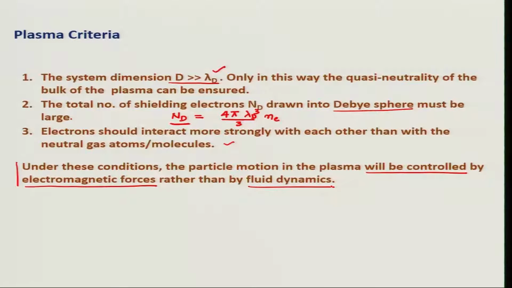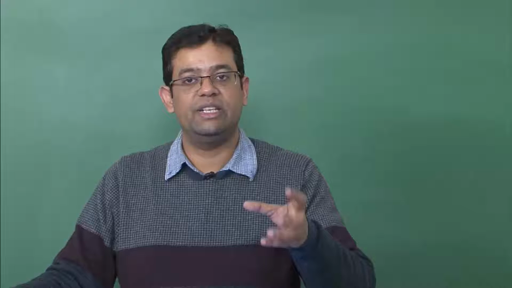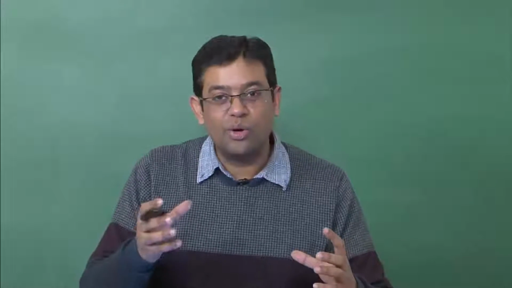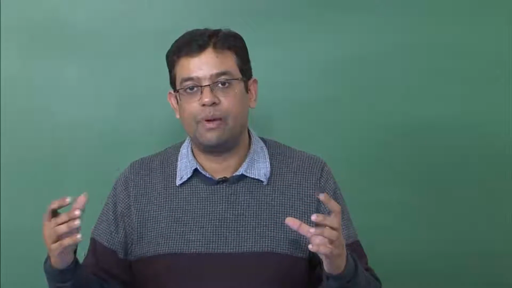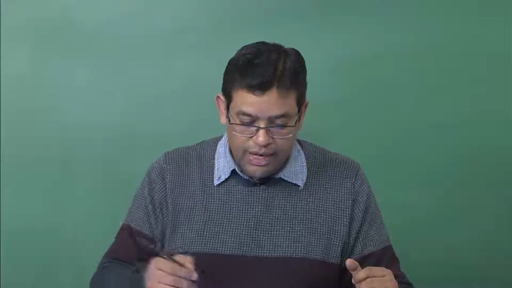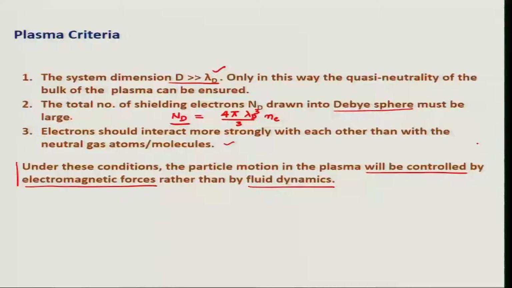Gas is a fluid, and the motion of a gas can also be described by fluid dynamics, but since we want to control the motion of these charged particles and utilize their motion for our benefit, we have to make sure that this plasma criterion is satisfied, so that we can control the motion of these charged species by electromagnetic forces.